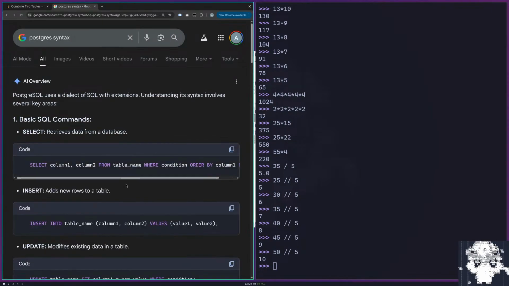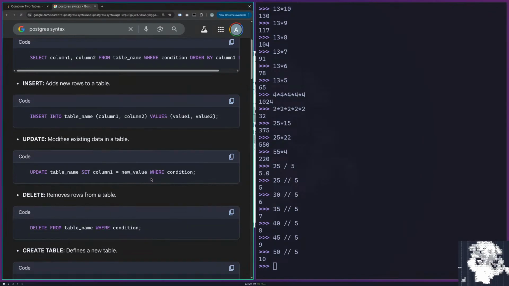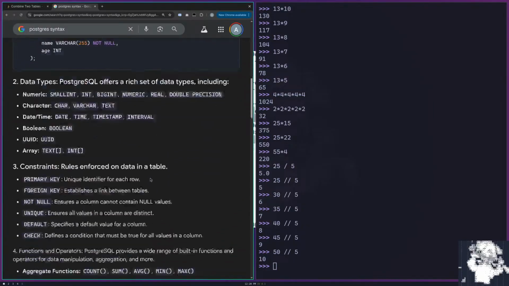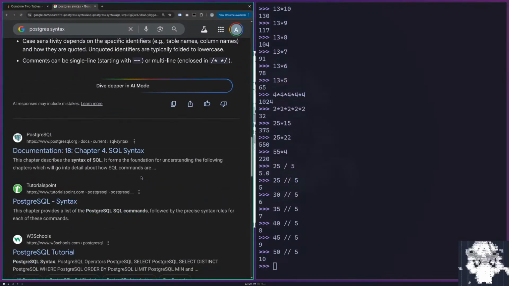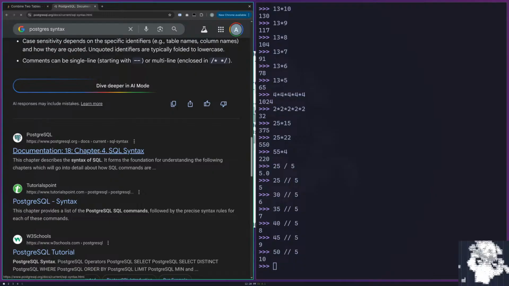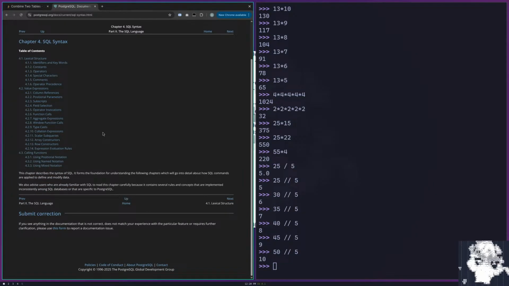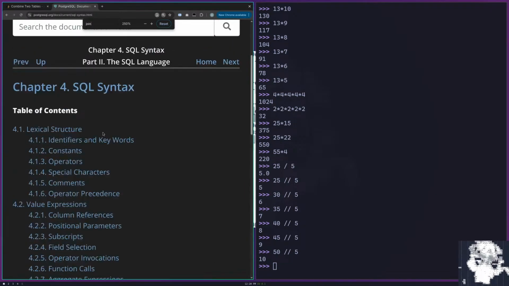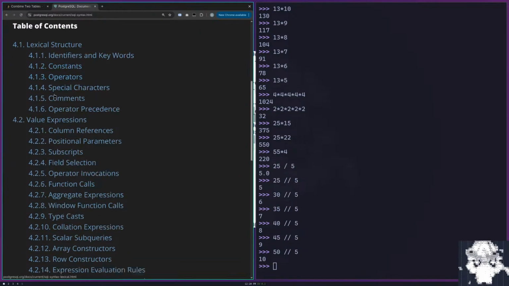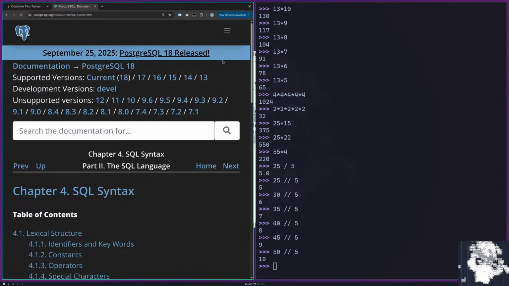Maybe the AI overview will probably be enough. Here, tell me how to do a join. It's a regular join.